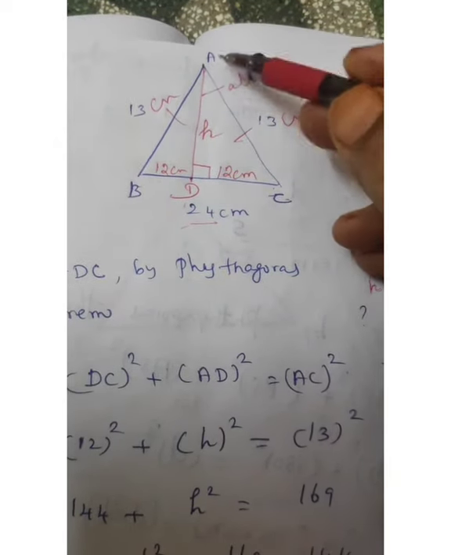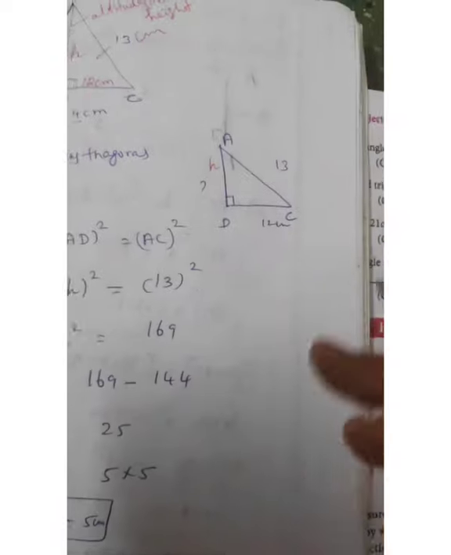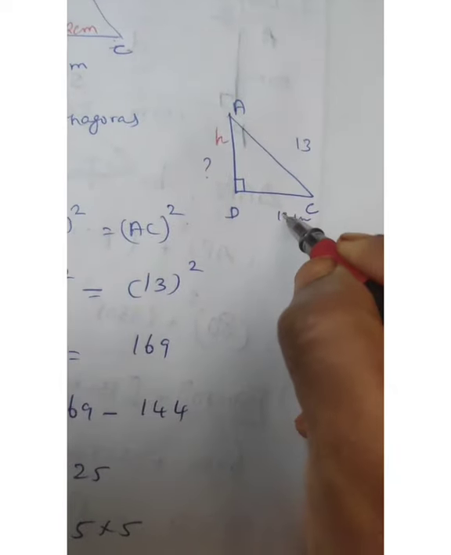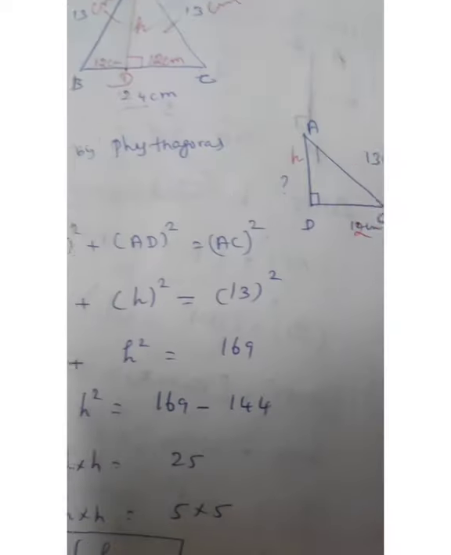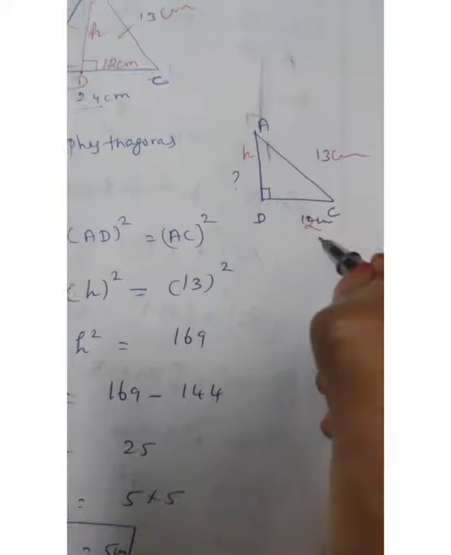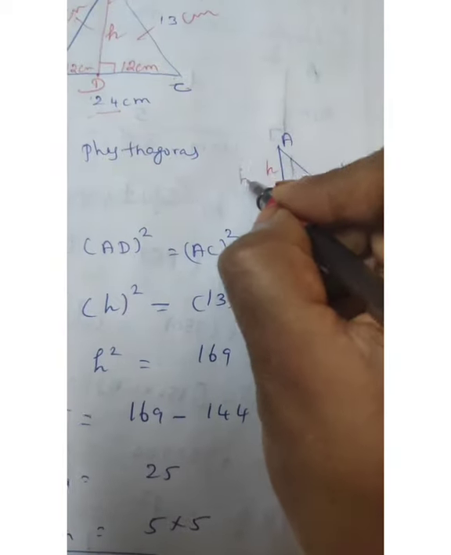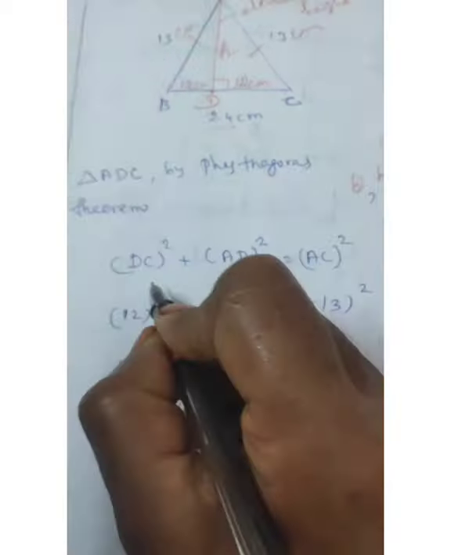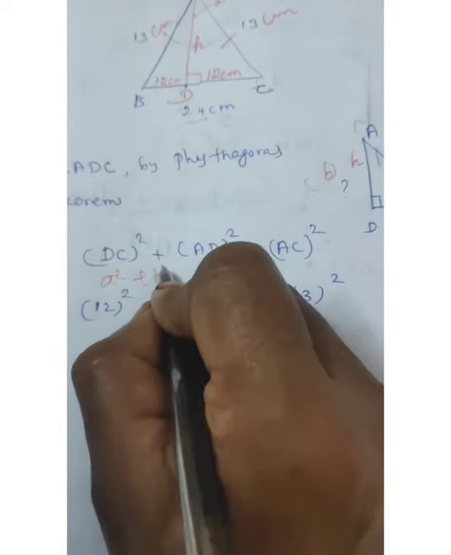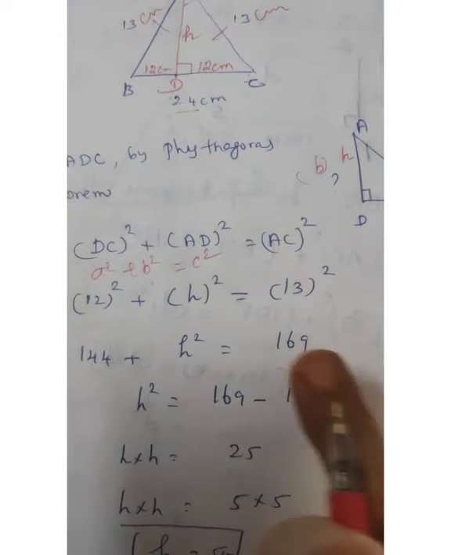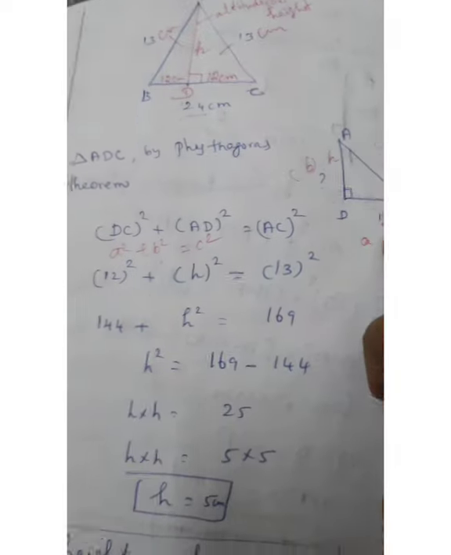This one side cut and do the sums. So 13 here, 12 centimeter, 13 centimeter. In a right angle triangle, this is A, this is B, this is C. A squared plus B squared is equal to C squared. You write it there. A value equal to 12 centimeter.